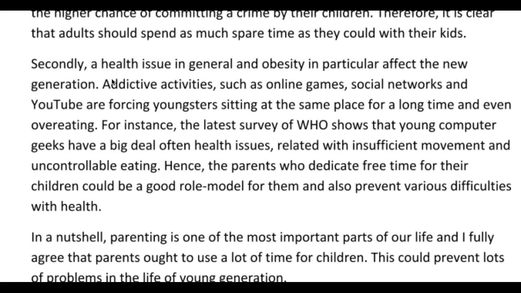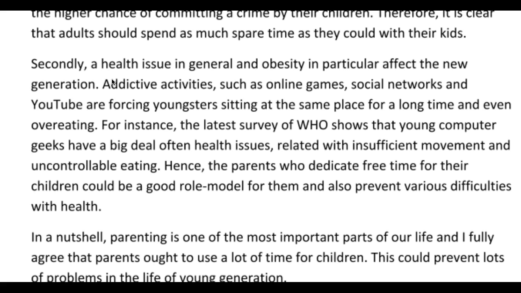For instance, the latest survey of WHO shows that young computer geeks, we can't say geeks, we have to say young computer enthusiasts, because geeks is informal, have a big deal often with health issues. No, we can't say big deal either. We have to say often suffer from health issues related to insufficient movement, related with, to or with is okay there, insufficient movement and uncontrollable eating.